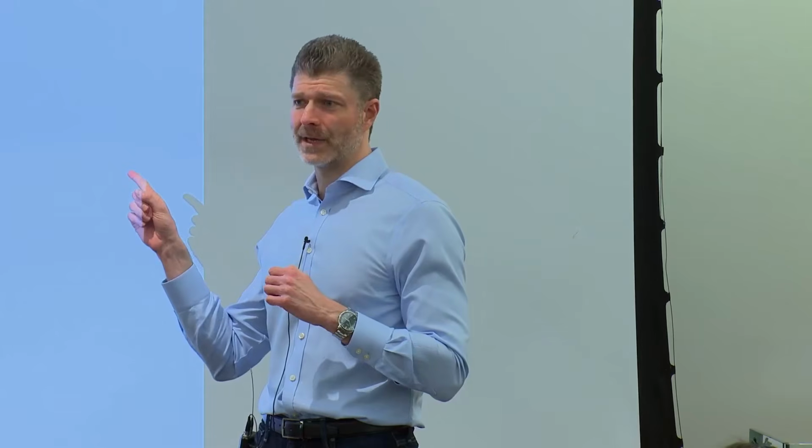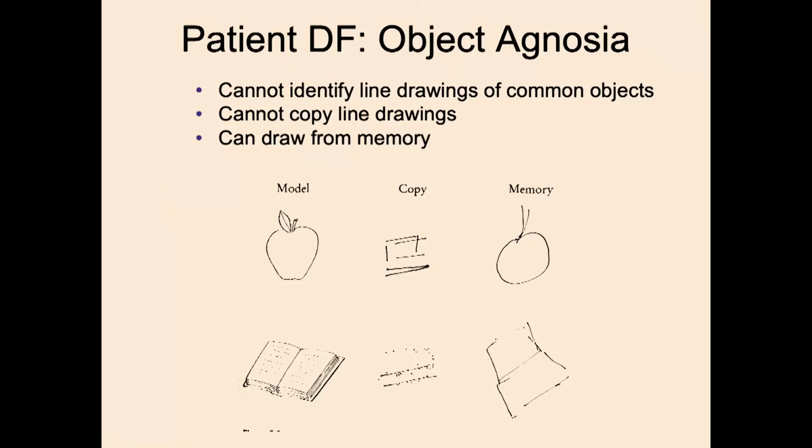And so that renders them unable to then name the object, because the naming is dependent on having a representation of object shape. It also means that they have a hard time copying the object, presumably because they can't relate what they are drawing to what's on the page. They're not able to extract a shape representation from that.